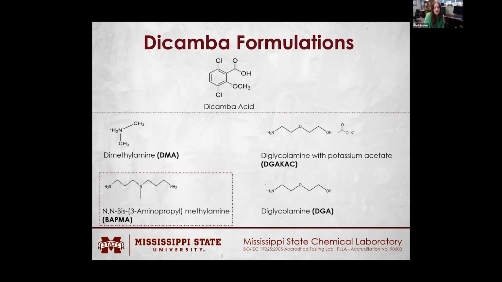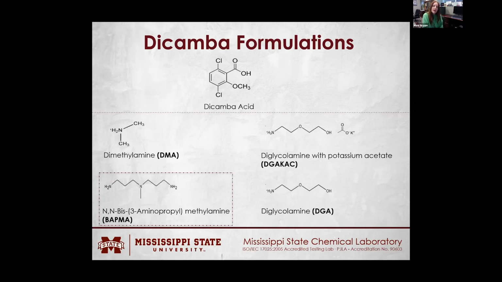Or if you see the BAPMA group with a little maroon sort of box around it, this is actually the group that was put into the formulation, which was supposed to help with the volatility and make this dicamba formulation have a lower volatility and therefore help with some of that off-target movement.